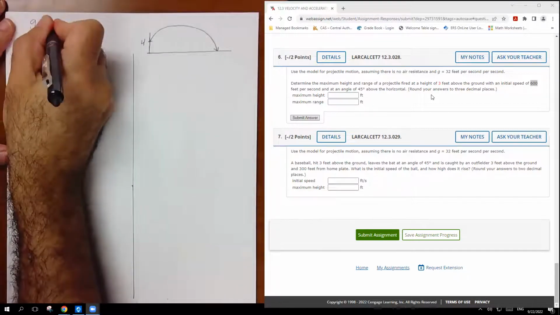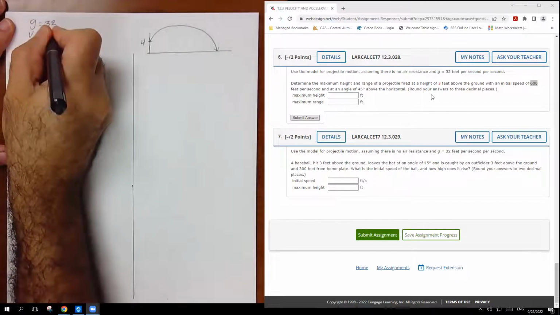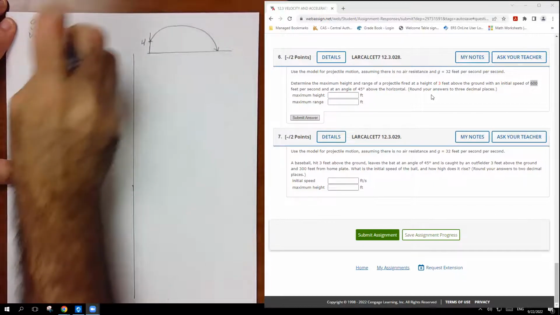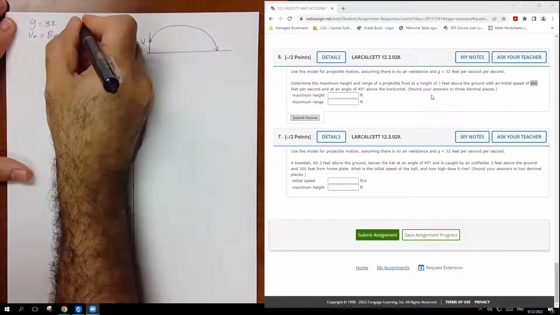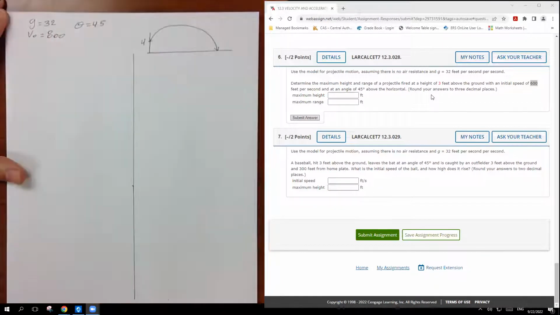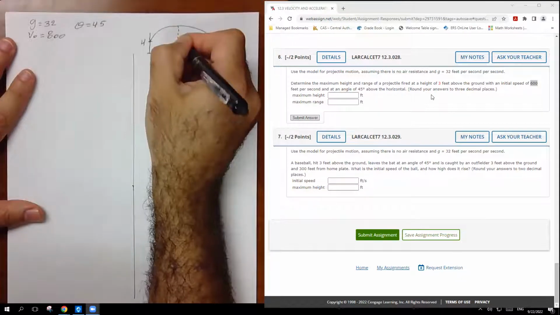I can't change it. The initial velocity, I'm going to make it 800. So when you do these steps, you have to change the numbers. And the theta, I can't change it. This one is the easiest one. So they ask you to find the maximum height. That means here is going to be the maximum height.